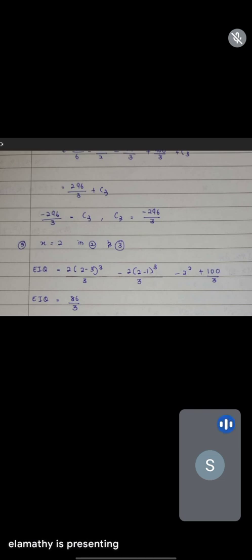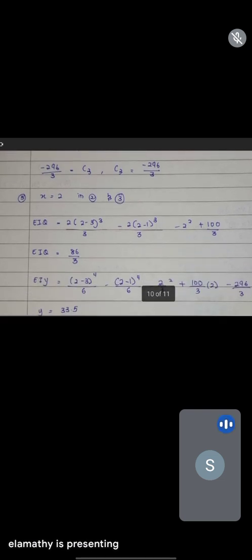So step 5, x equals 2, so EIy is equal to negative 2 open bracket 2 minus 3 close bracket to the power of 3 over 3 minus 2 open bracket 2 minus 1 close bracket to the power of 3 over 3. Then we minus off negative 2 squared plus 100 over 3. So the total answer will be 86 over 3.